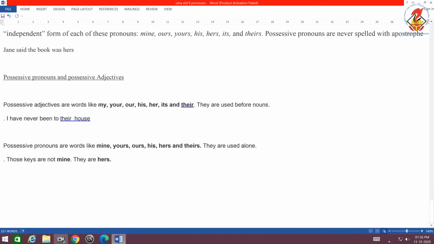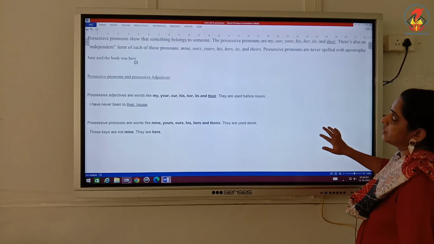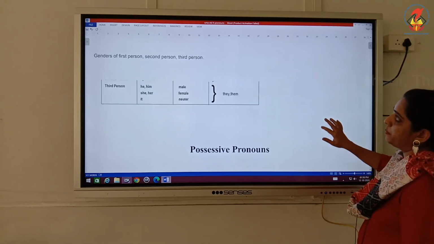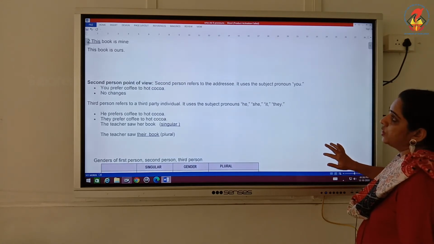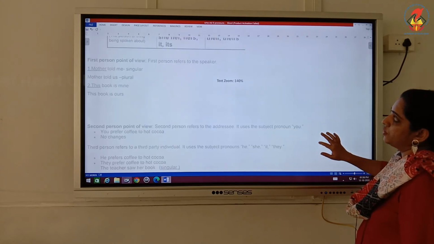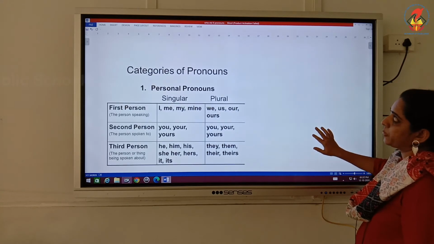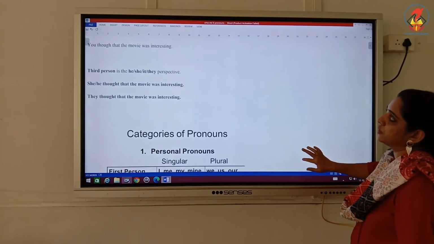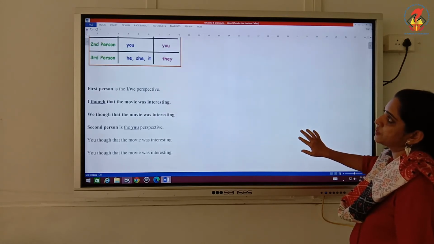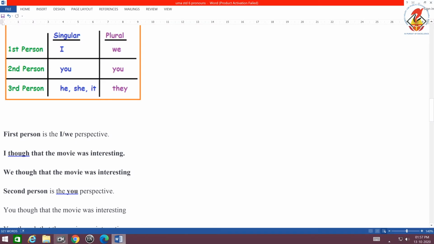Okay. So, these are the topics that we have studied. Let us revise. What is a pronoun? A pronoun is a word which is used in the place of a noun in order to form a meaningful sentence. Then pronouns can be divided into first person, second person and third person. First person I, second person you, third person he, she, it.